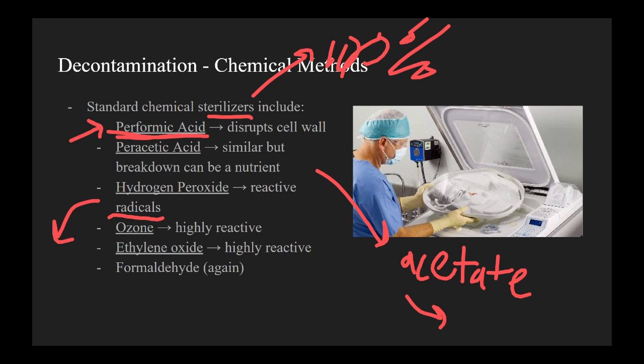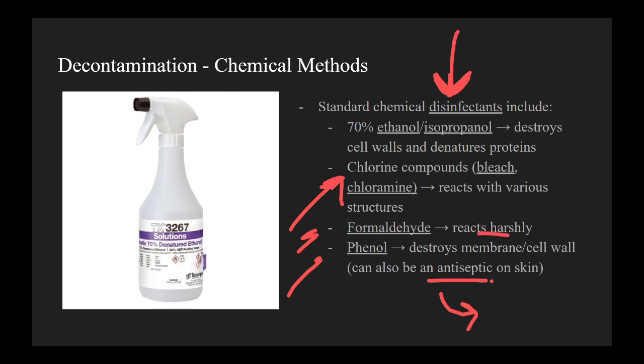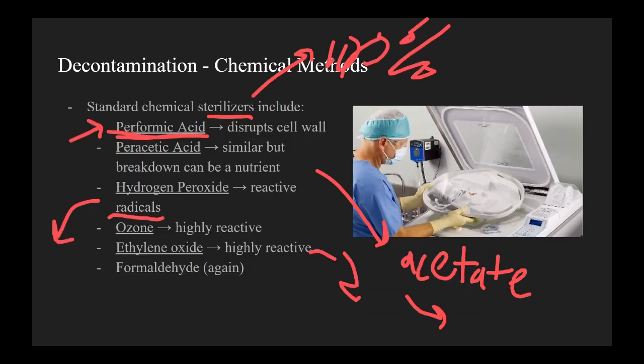Ozone will also form these reactive oxygen radicals. And then ethylene oxide, again, highly reactive, does the same thing. Then formaldehyde, if you put it at a higher concentration, so if you use more formaldehyde, before it was a disinfectant, but you can also make it into a sterilizer by increasing the concentration. And yeah, that's it.